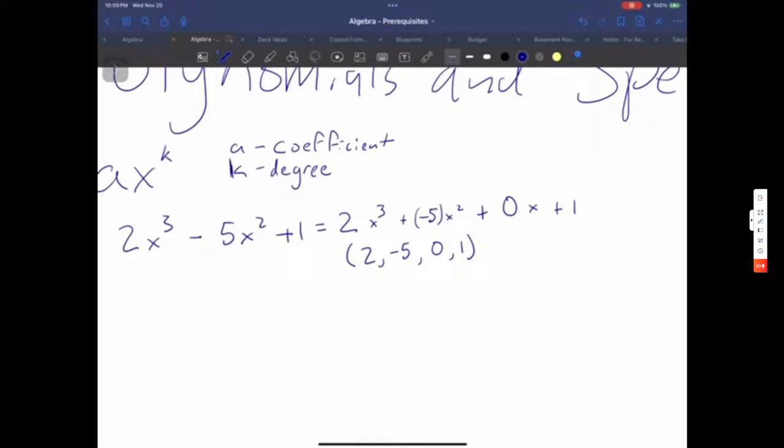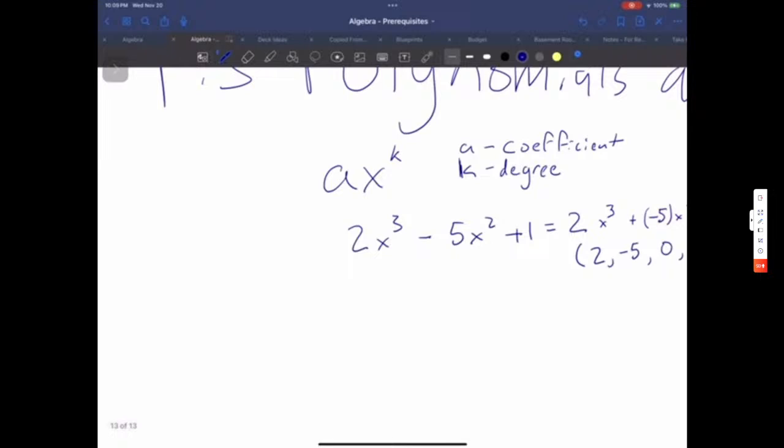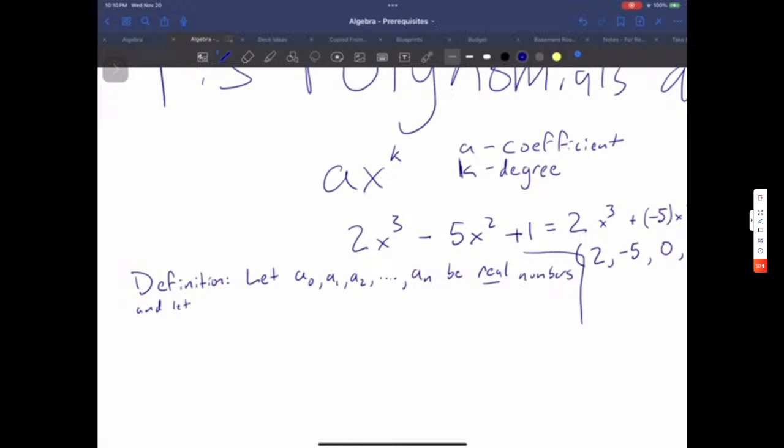So the definition of a polynomial, which we'll write out in its completeness: let a0, a1, a2, to whatever a that you end up having, be real numbers and let n be a non-negative integer. Obviously, we must be counting up, so n cannot be negative.